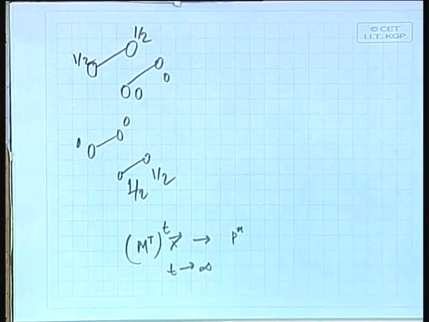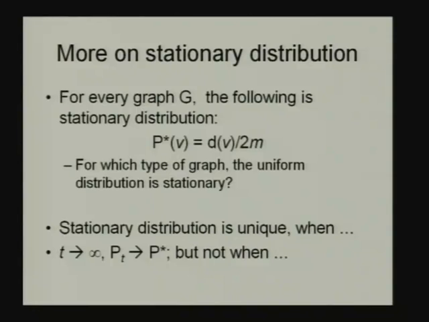But the question is, for what kind of graph it won't converge? Can you think of it? As I said, for a disconnected graph it will converge. It is a different matter that it won't be unique, it will depend on P0, but it will converge to something. For different initializations it will converge to different points.